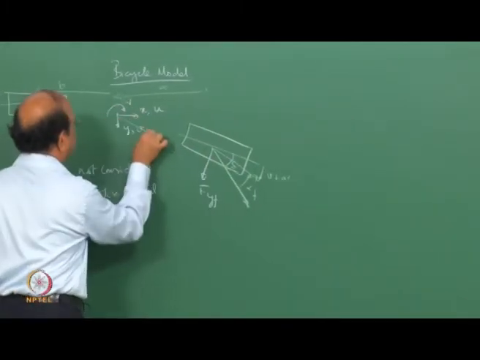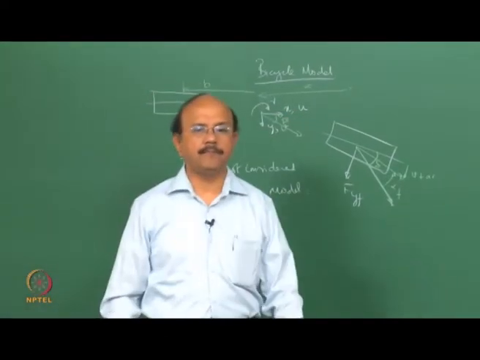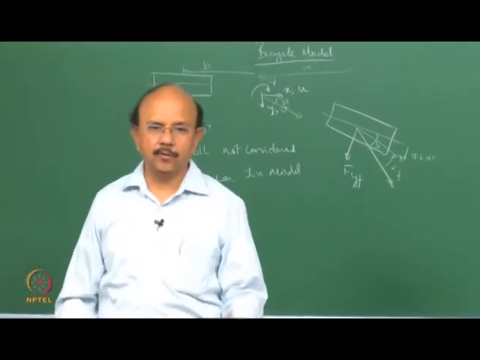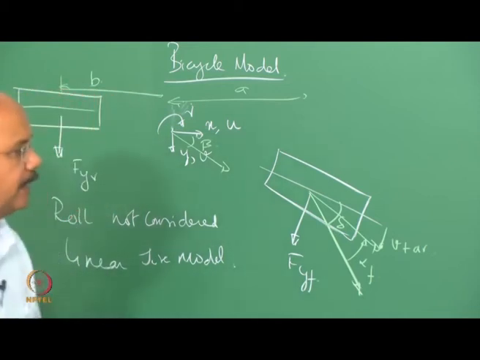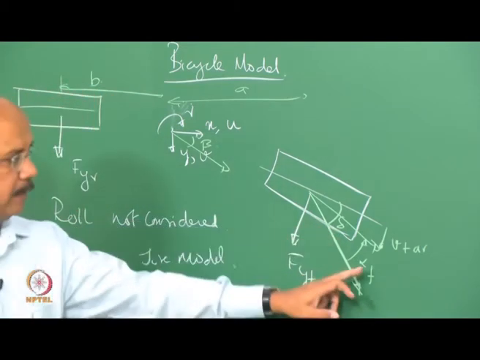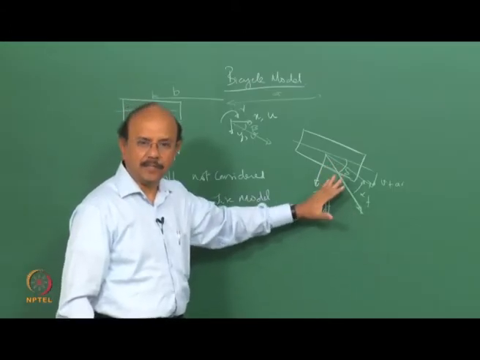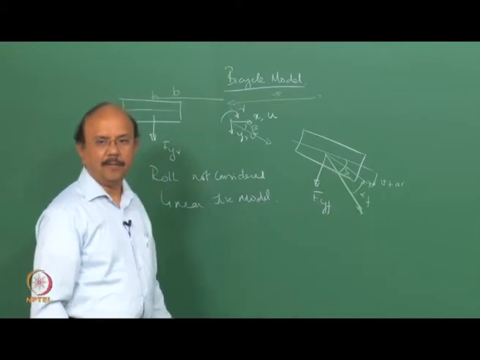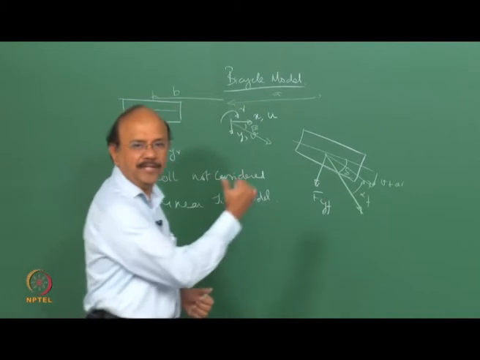Then we said that tan beta is equal to V by U, which is approximately equal to beta. And we said that delta minus alpha is equal to V plus AR in actual terms, but this alpha f is actually negative.